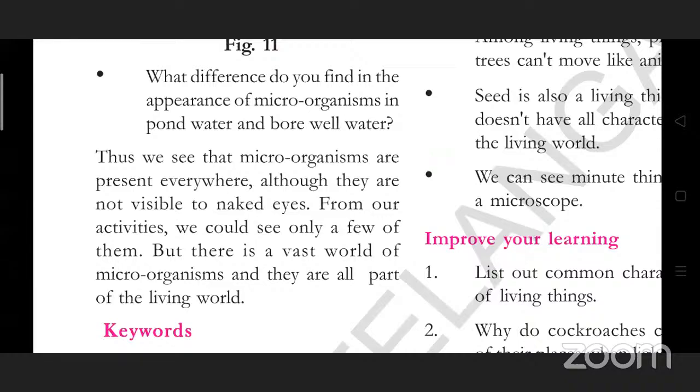We can see only a few of them. Listen here, there is a vast world of microorganisms, and these microorganisms are also part of the living world.